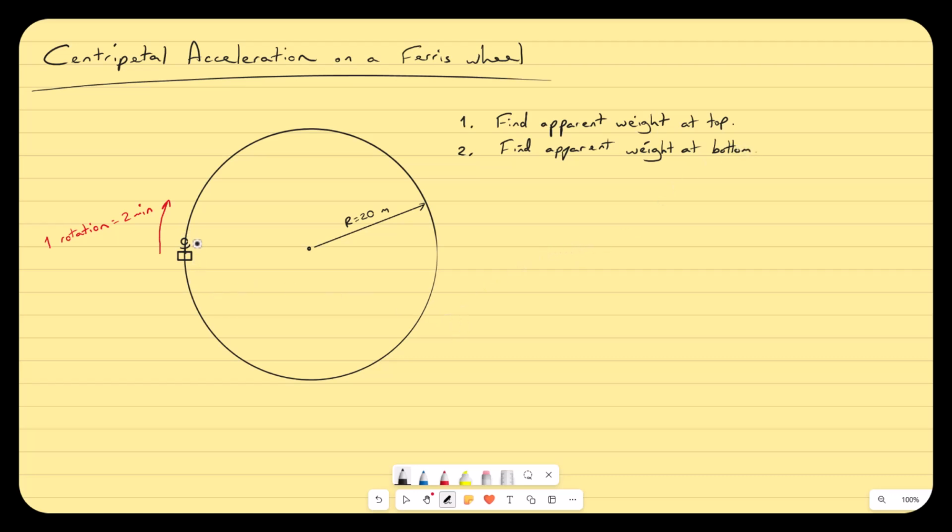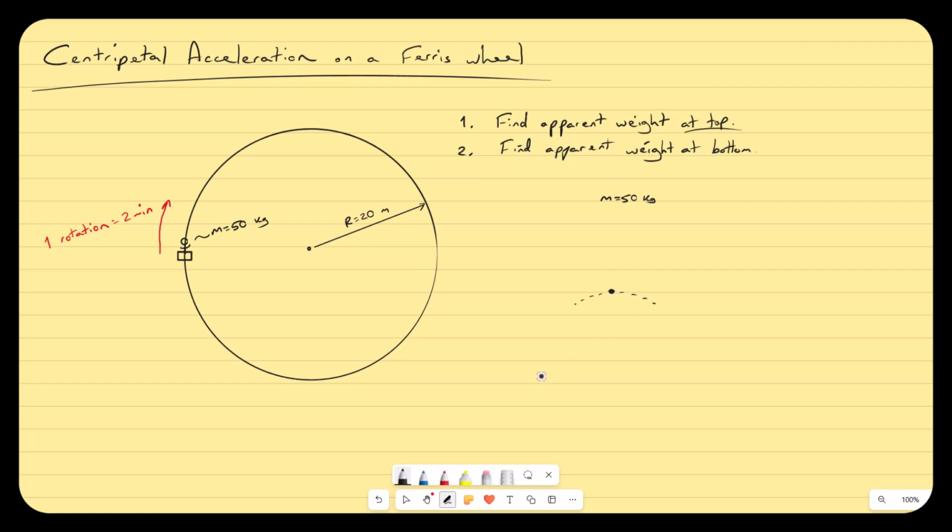Of course, we are going to need an actual mass, so let's say 50 kilograms. There's some kind of a mechanism here that holds the whole thing in place, that's fine. So this thing's going to rotate, and I want to draw a free body diagram because that's just how these problems start. I'm starting at the top.